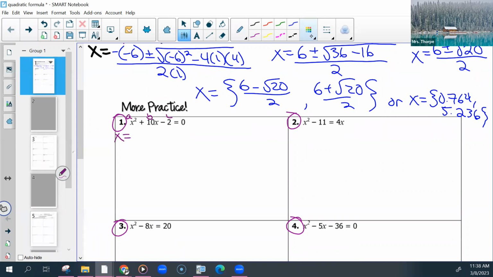X equals negative B, so -10, plus or minus the square root of B squared, so 10 squared. You can use parentheses or leave them out, either or doesn't matter. Minus 4 times A, which is 1, times C, which is -2, all over 2A.